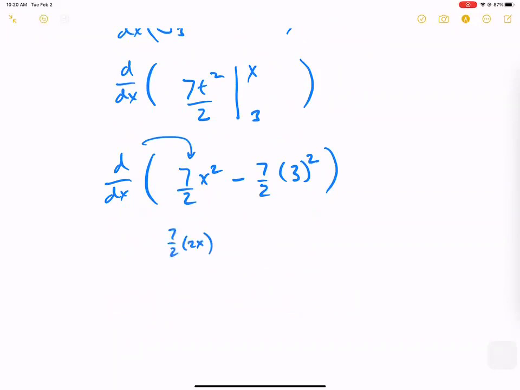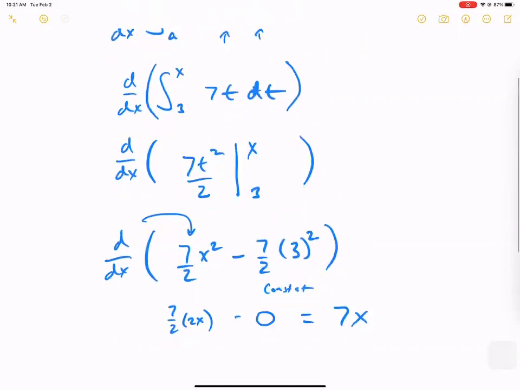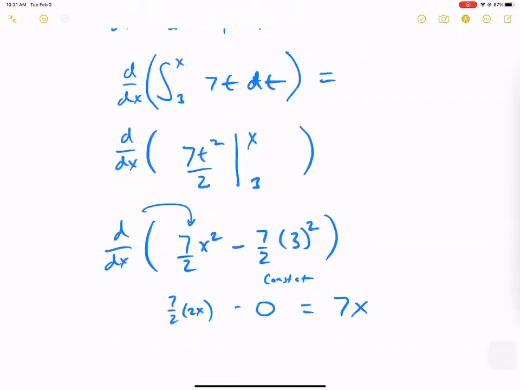That's the derivative. And what's the derivative of a constant? 0, right? So we're left with 7x. So what is the derivative? Coming back here, it's just 7x.